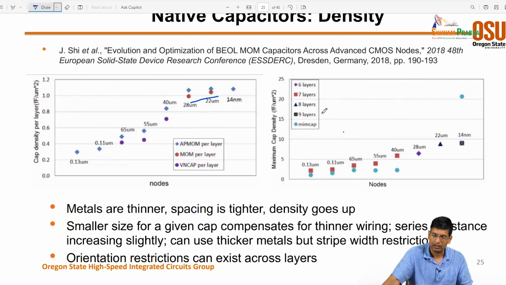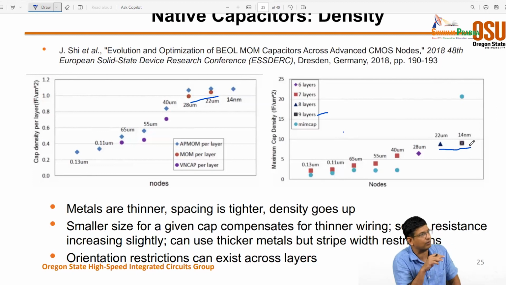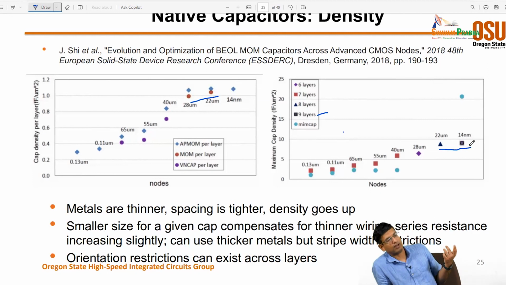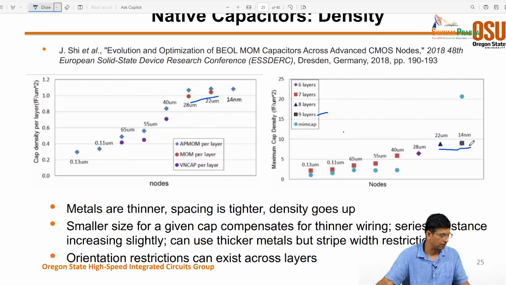So as you look at the latest process with 8 or 9 metal layers, I can actually get 8 to 9 femtofarad per micron squared. So you can get really dense capacitors, but from a millimeter wave perspective, you don't always want to use the lowest capacitors, because the lowest metal layer sheet resistance is poor, so you might give up some of the density for getting better Q, right?